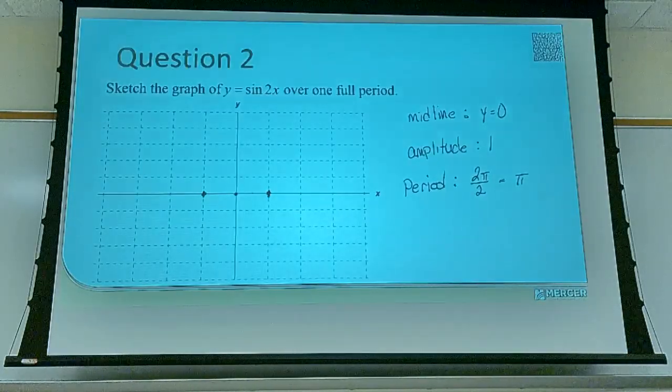Let's say this is pi over 4 here. Have an amplitude of positive 1 at pi over 4. Negative pi over 4 will be down at negative 1.